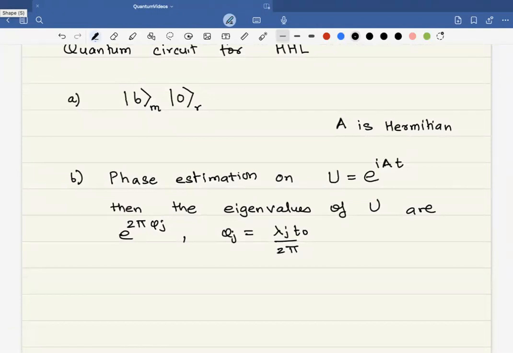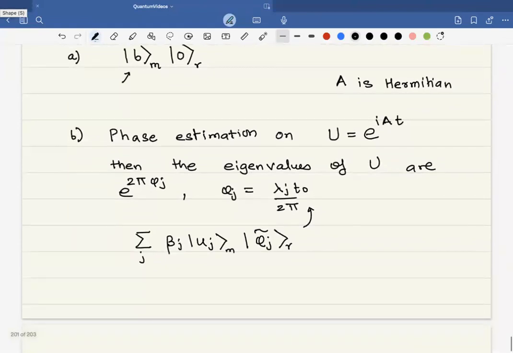Right. So assume that we do this. Then at the end of step B, we'll get the following in our register. I'm going to write b, this register, as sum of beta j u j. I'm just writing b in terms of the eigenvectors of A. And then I'll have some approximation to phi j, so I'll call it phi j tilde, assuming that we do the phase estimation to a certain accuracy.